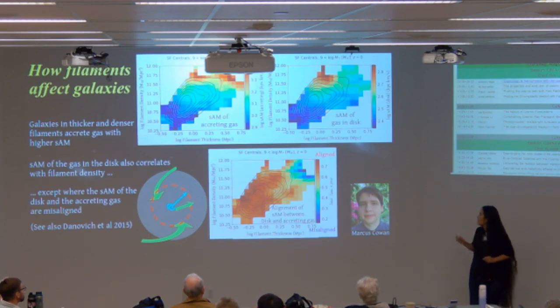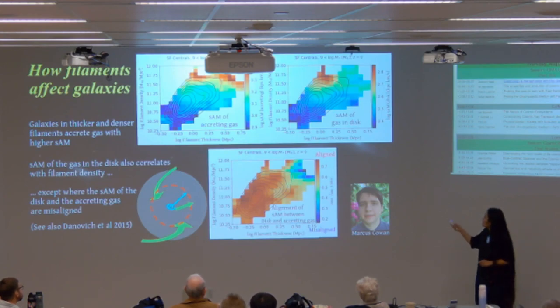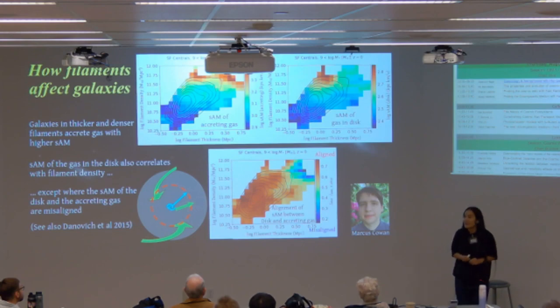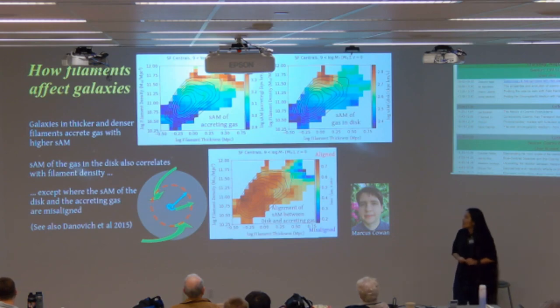That alignment is such that red in the plot means aligned, and blue means misaligned. And here we see that this area of the plot is where the galaxies are more misaligned. Okay, so the specific angular momentum of the gas in the disk correlates with the filament density, except where the specific angular momentum of the disk and the accreting gas are misaligned.